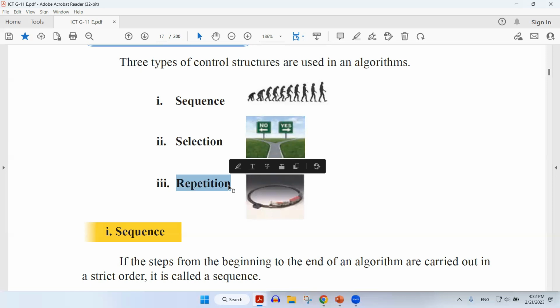Full stop. These are called control structures.